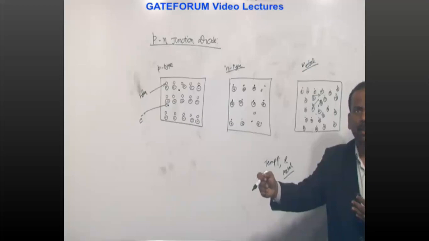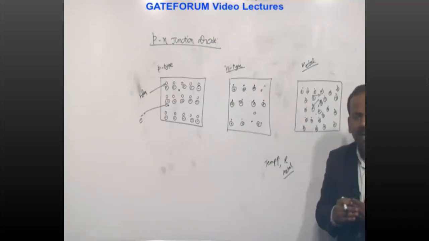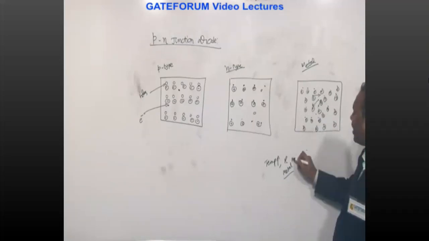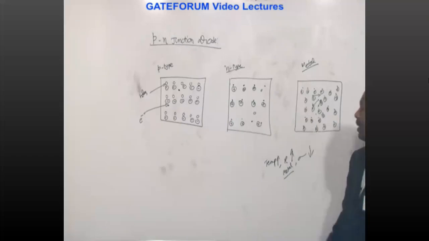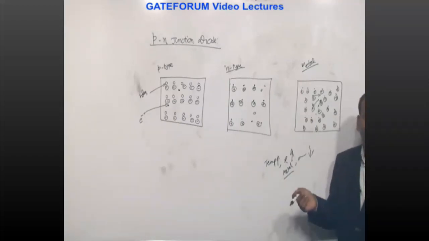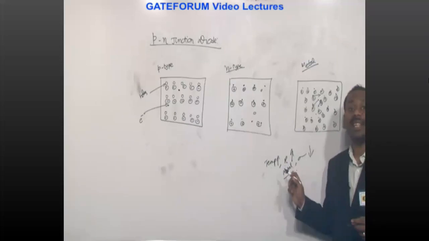Because the charge carriers increased, the collisions increase, therefore resistance increases. That means conductivity decreases. This is applicable only for metals. For a metal, as temperature increases, resistance increases.